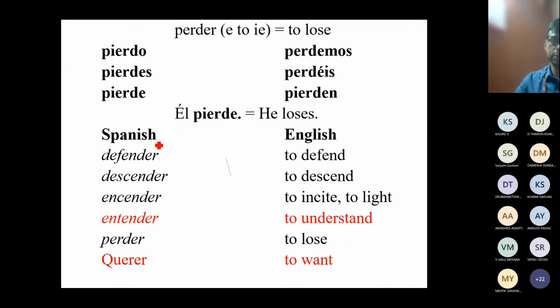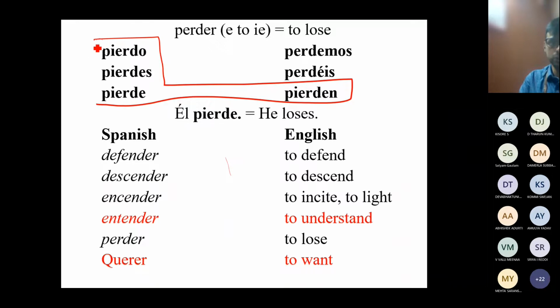Examples are given here for some of those verbs. I'm not going to explain completely, but I hope all of you understood. I'm just pointing out how this has followed the boot rule. Okay. So again here, defender. You have to choose the second last vowel from the end.